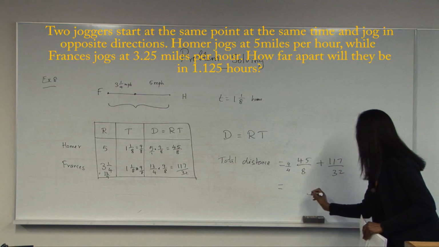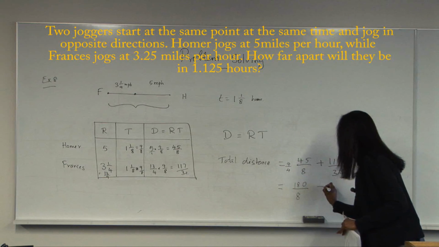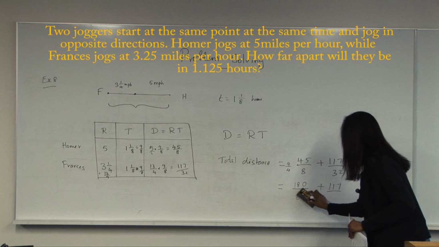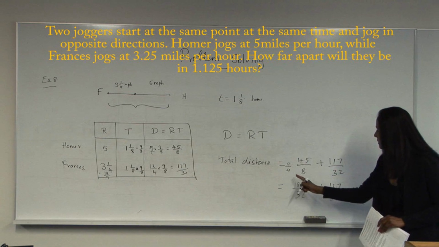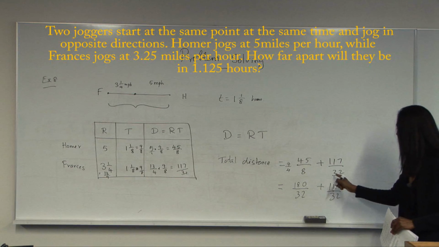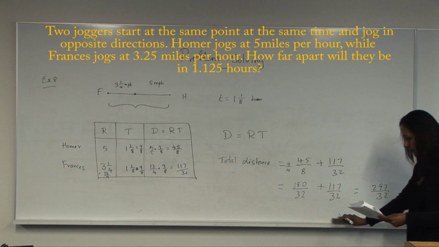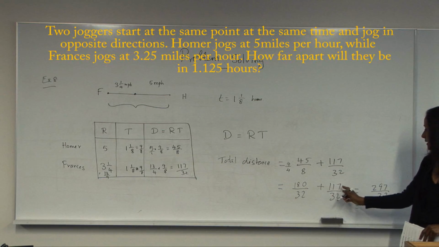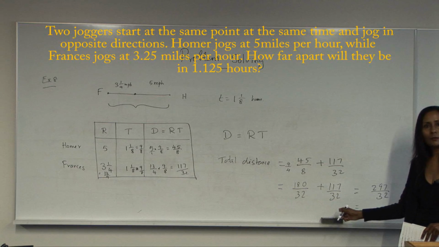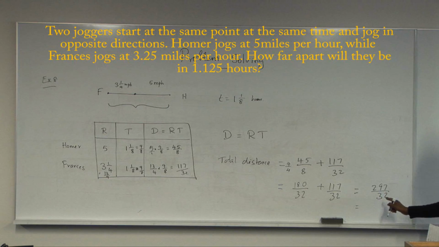Now you have 32 here, 32 here. Let's multiply this. 4 times 8 is 32, and 45 times 4 is 180. So 180 over 32 plus 117 over 32, common denominator 32, 180 plus 117, 297 over 32.